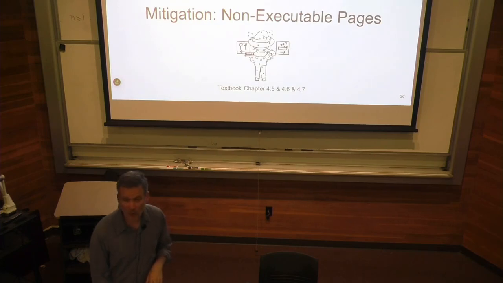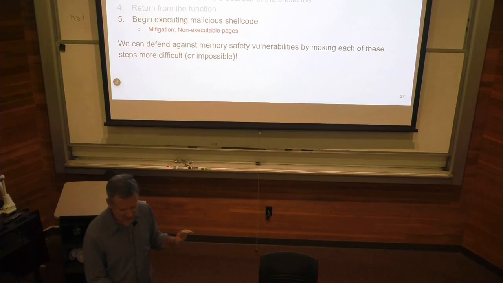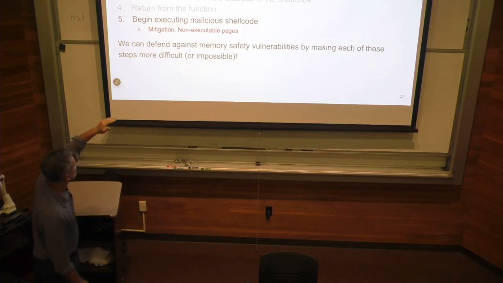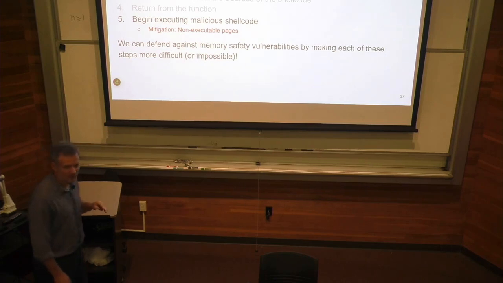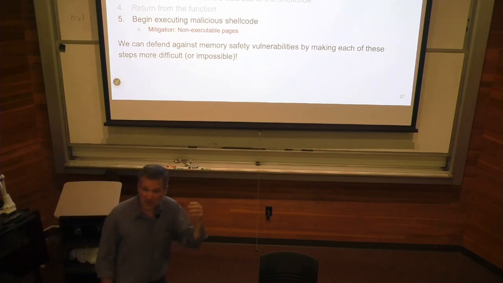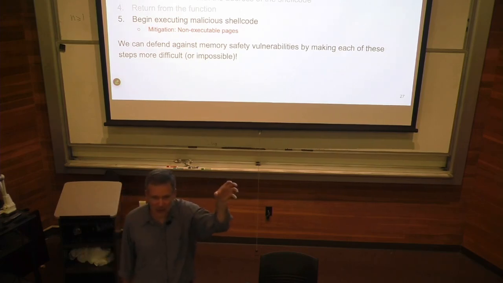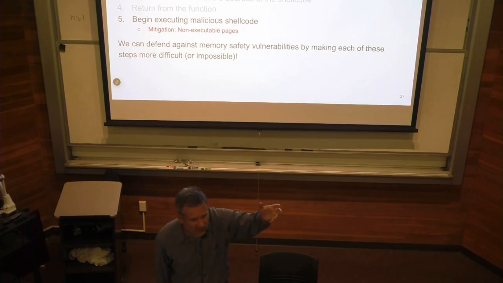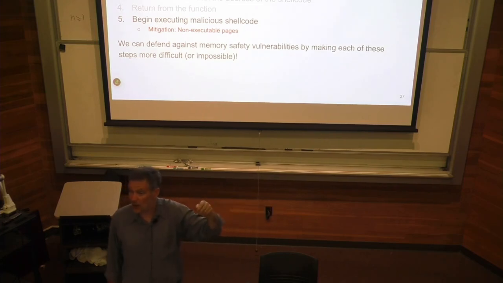So I start with one really basic one. It's called non-executable pages. And this targets step 5, where the attacker tries to cause the CPU to start executing malicious shellcode. Remember these exploits, the attacker causes the shellcode to get copied into memory somewhere, maybe on the stack, and then overwrites the return address so the CPU will start executing from that place in memory.